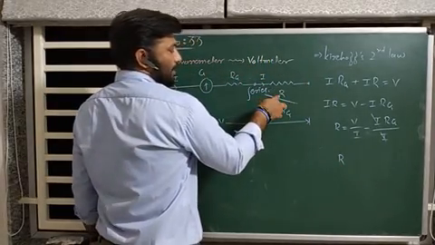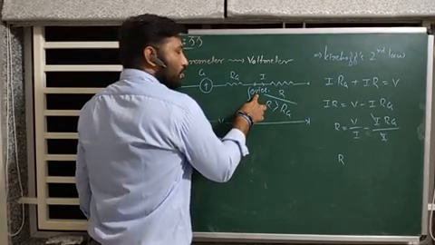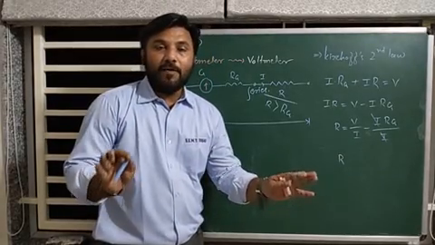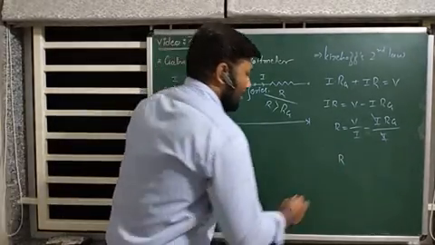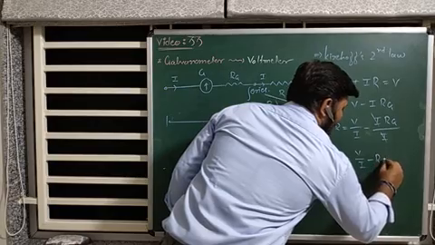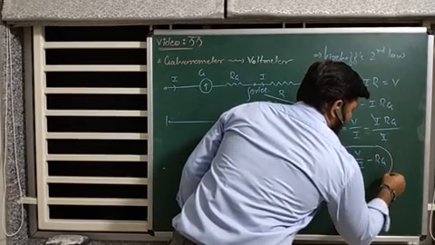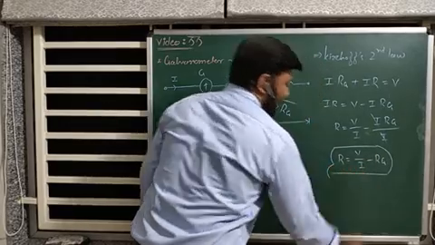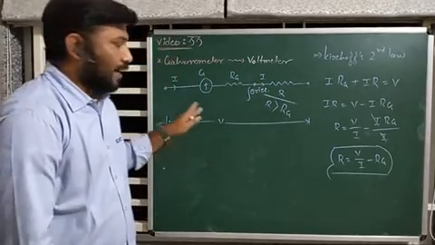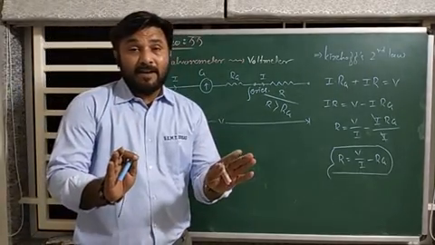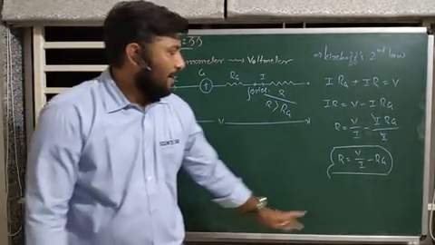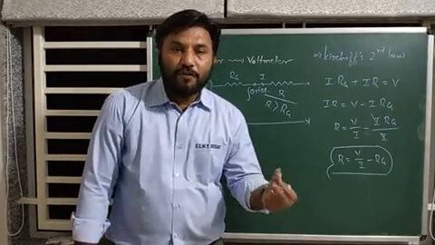R is the resistance connected in series to convert a galvanometer into a voltmeter, and its value we can find by using this equation. R is equal to V by I minus Rg. This is the equation which is not there in our textbook. Mind well, the circuit and its explanation are there, but in numericals, the equation you have to use is here. Have a look for a few seconds.